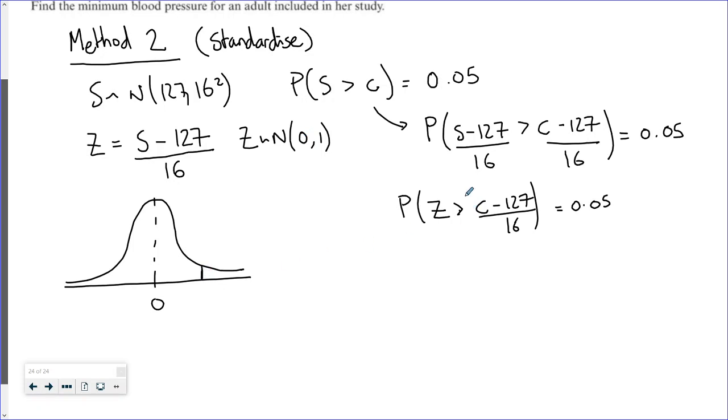And we've got this statement here, which says the probability of being to the right of this point, being greater than this point, is 0.05. So we know that this area here is 0.05. And the value that we need to be to the right of is this whole thing here. So that's C minus 127 over 16. That's that point there on our horizontal axis.